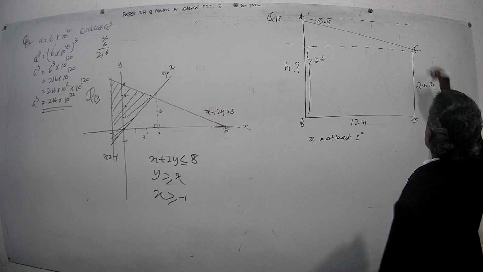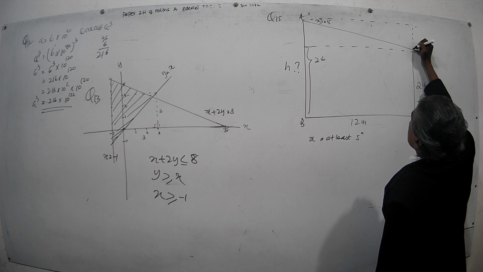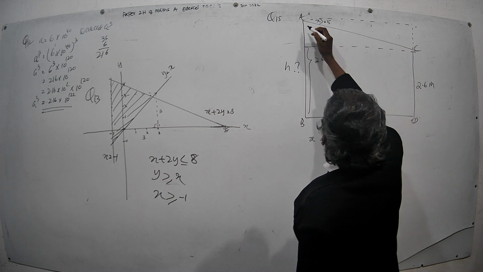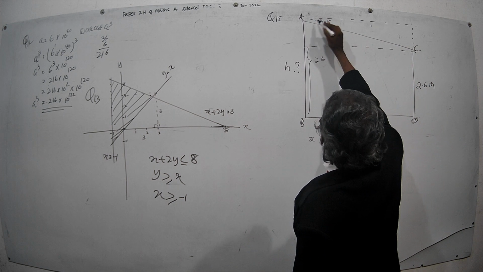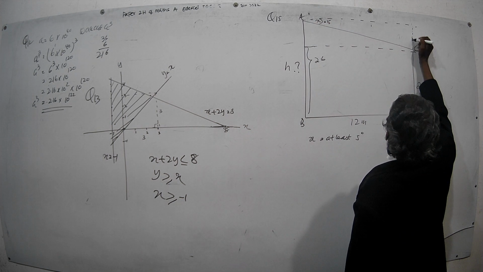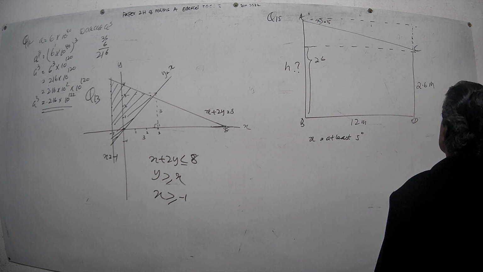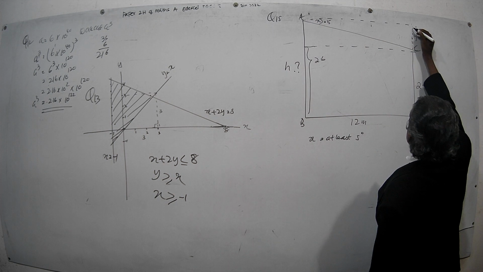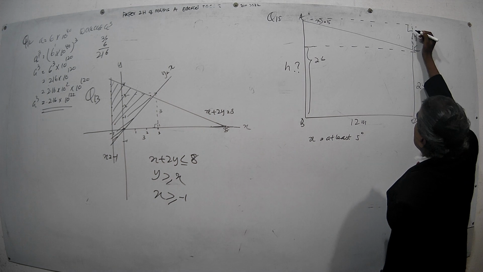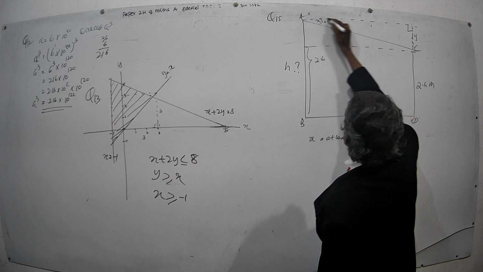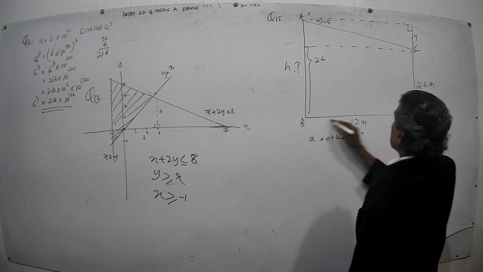Then you draw a line like this to find this height. Then that height will be equal to this height. Therefore, we will call this part Y. And here there's a right angle triangle. We know this length is equal to this one, this 12.